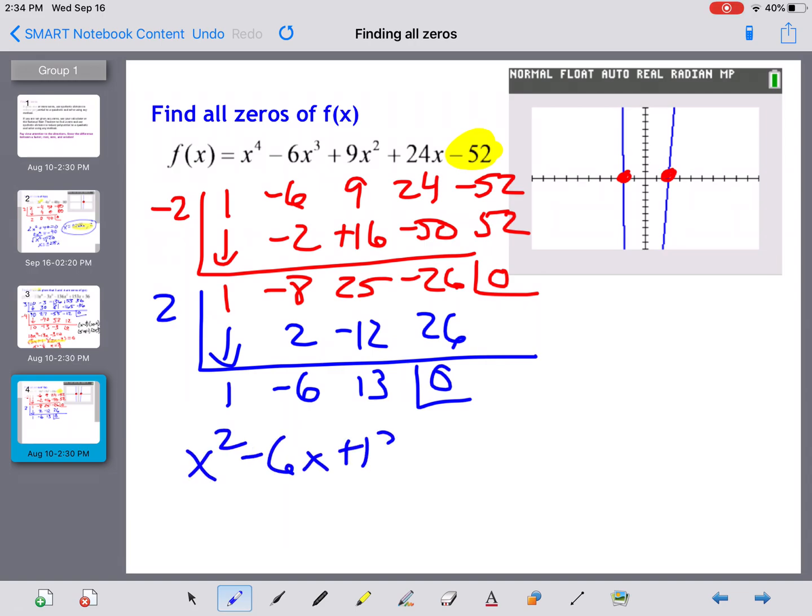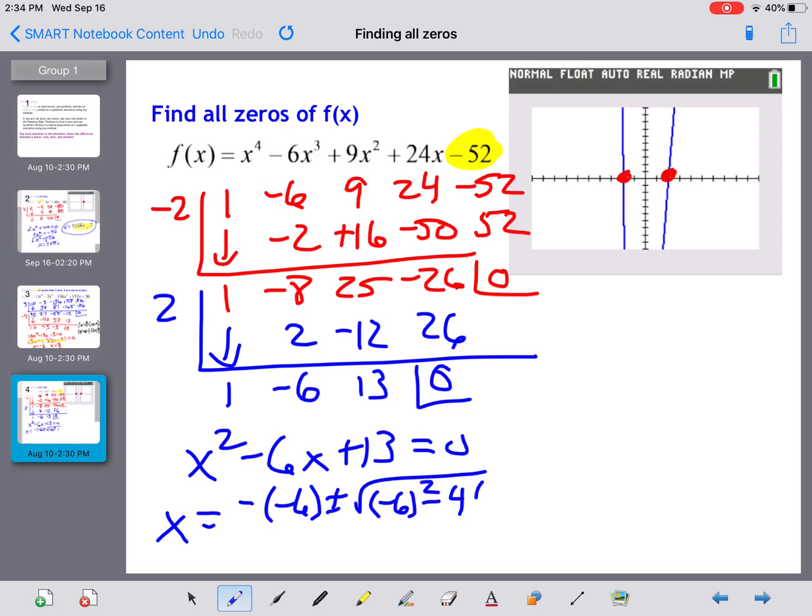What we want to make sure is that we are looking to factor. 13 factors only 1 and 13, so we cannot factor that, so we need to use the quadratic formula. So we're going to say negative 6 plus or minus the square root of negative 6 squared minus 4 times 1 times 13, all over 2 times 1.